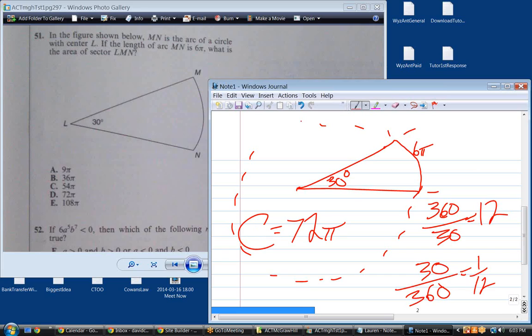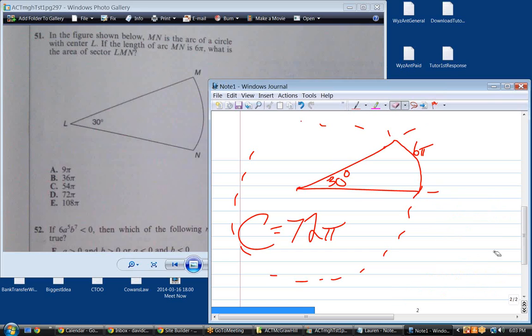Now, when you're dealing with circles, remember that if you know circumference, area, or radius, you know everything there is to know about that circle. So if I know the circumference is 72 pi, it allows me to calculate that radius.